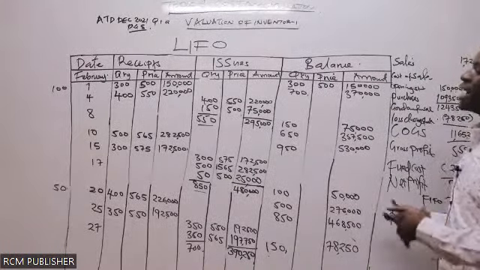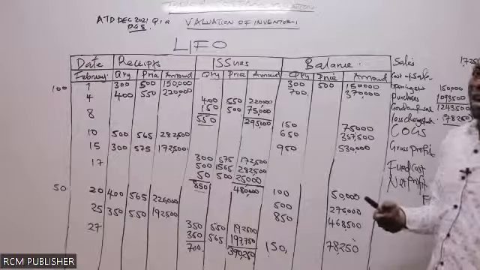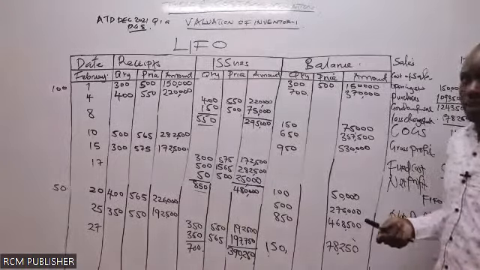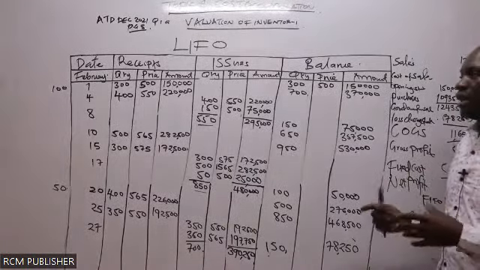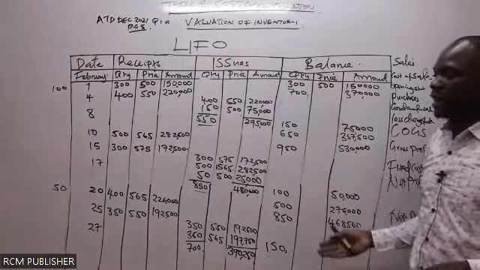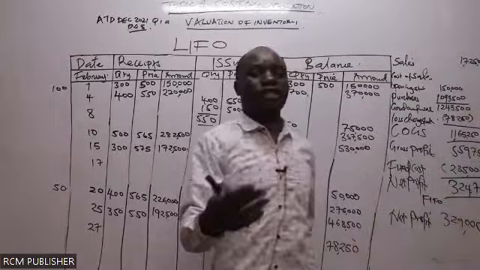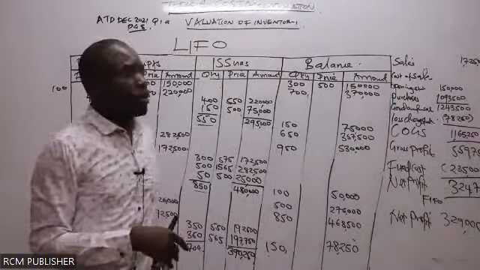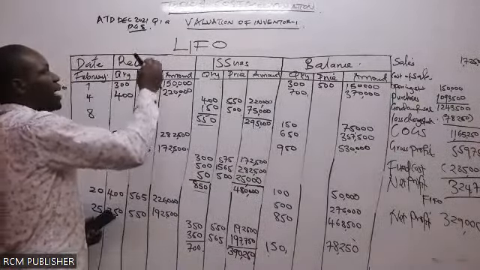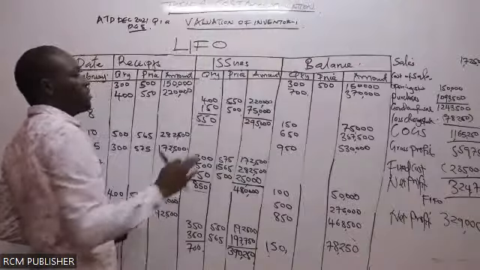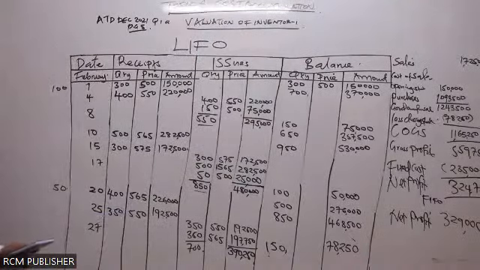Have these estimates and see if you are still able to follow that correctly. If you do that and you get everything correctly, just know very well that these are some of the free marks that are waiting for you. That is what you are supposed to do under valuation of inventory.